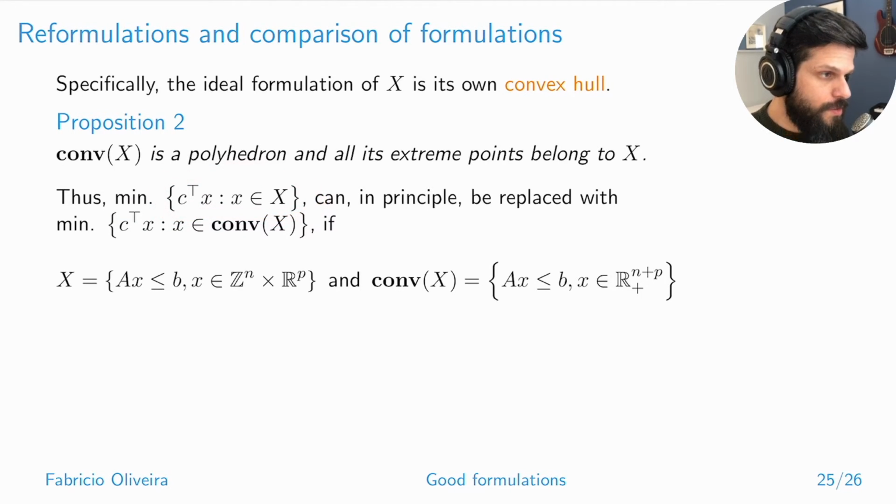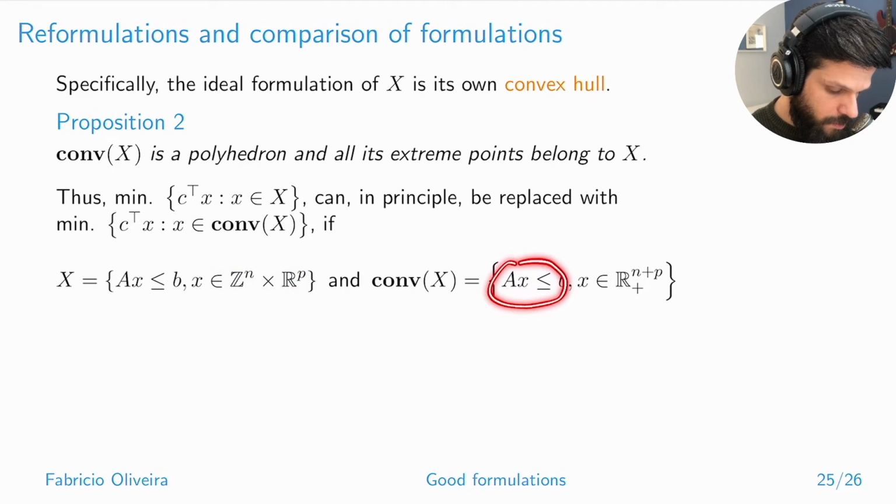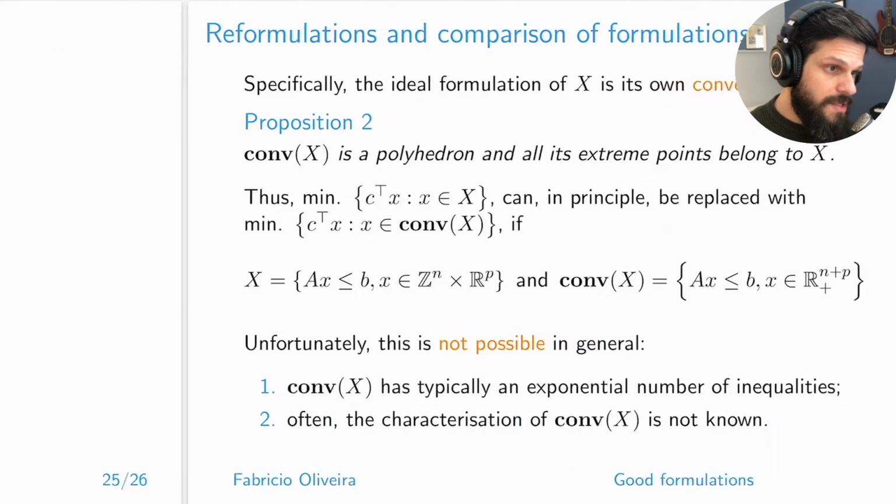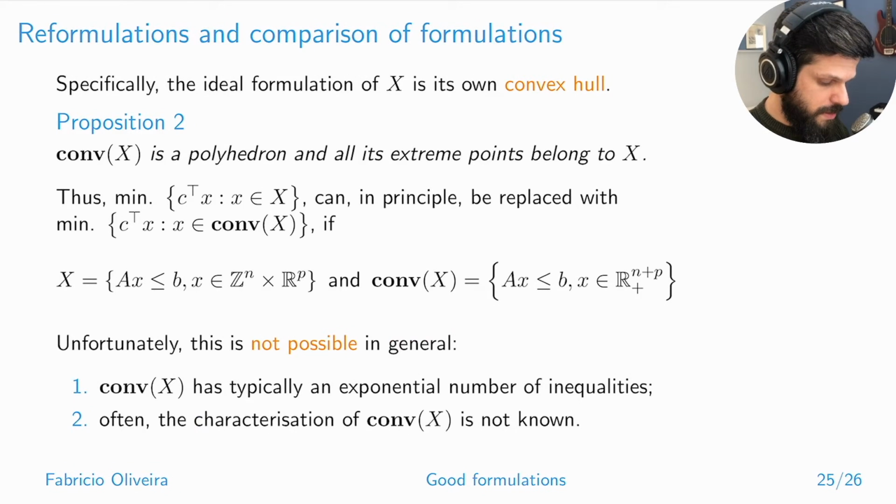So this X has a formulation Ax less or equal than b, it's in a mixed integer set, and the convex hull is such that you get the same formulation and your x's are relaxed. And because it is actually the convex hull, these can be replaced. That's the ideal world, but in practice, this is typically not possible.